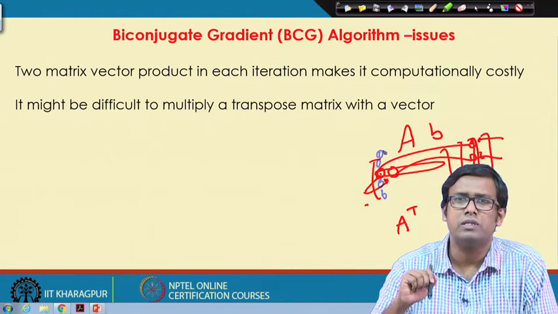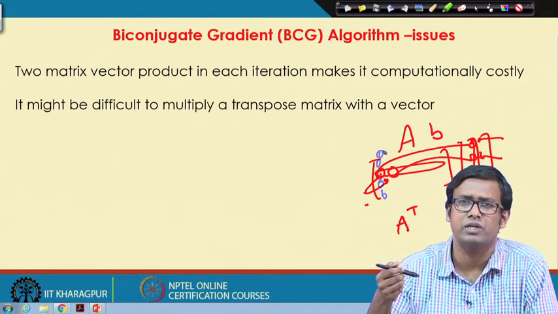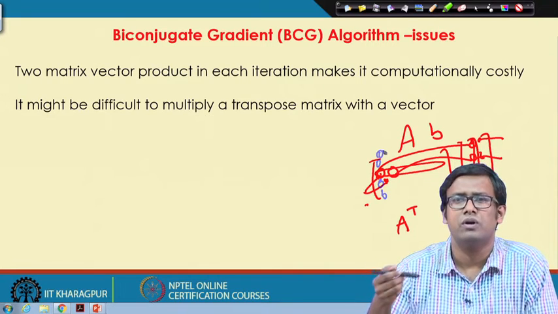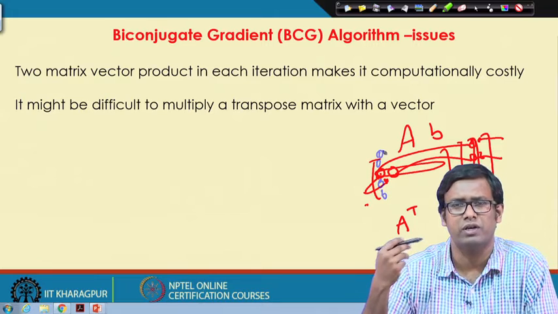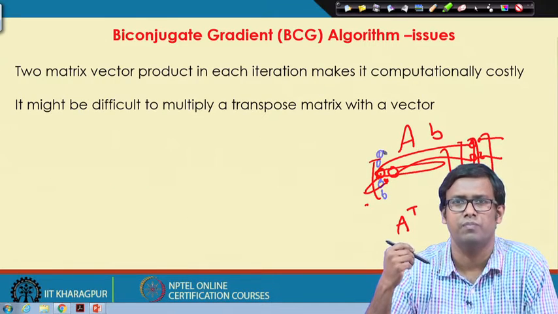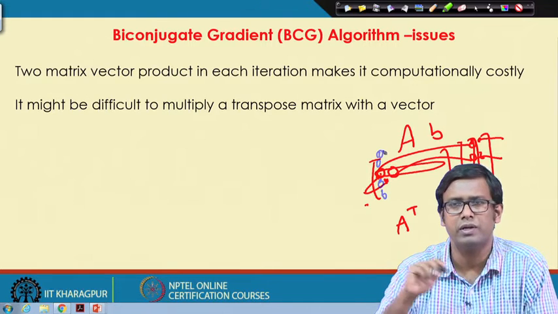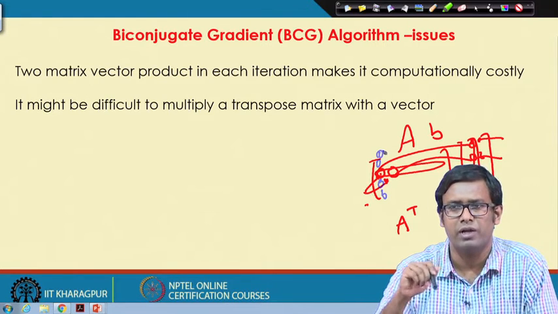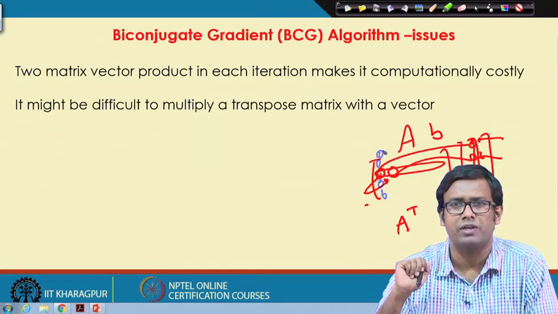Another thing is possible: sometimes we do not form the A matrix explicitly. There are cases when we are dealing with a very large system of equations, we do not store the matrix. We go to each row and see what the neighboring values are. If we recall how the matrix is formed from the finite difference, finite volume or finite element method, we go to one element and see all the neighboring values, and then do the required multiplication with the variables given.